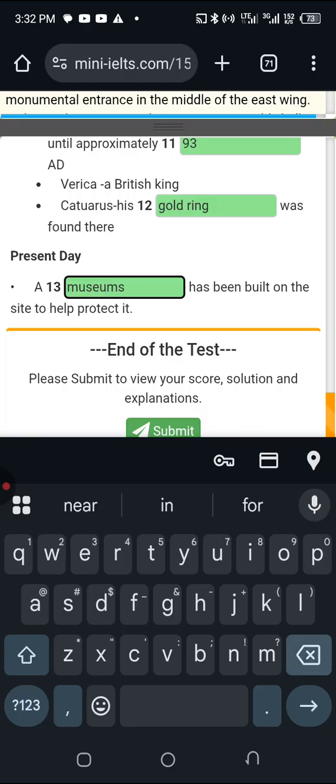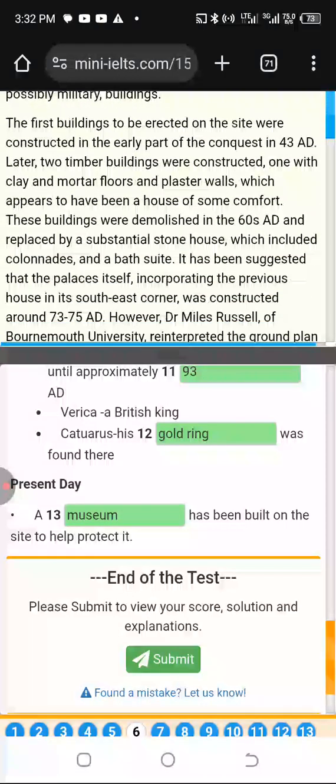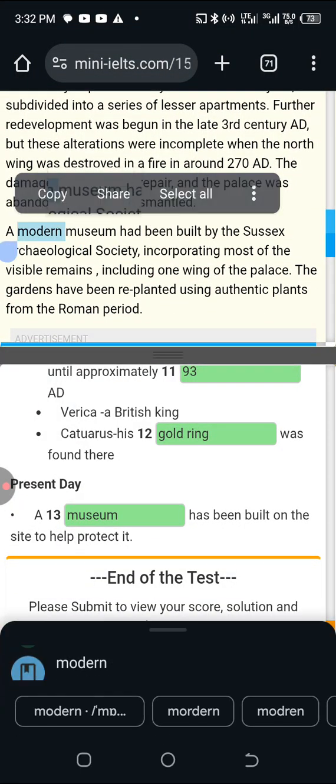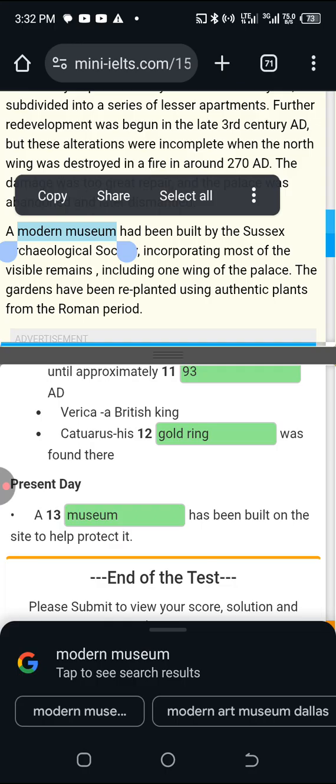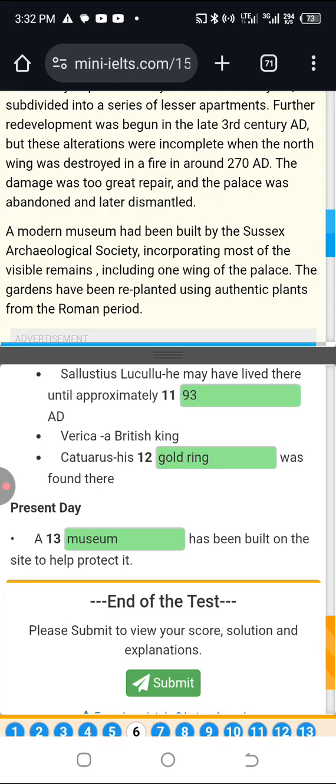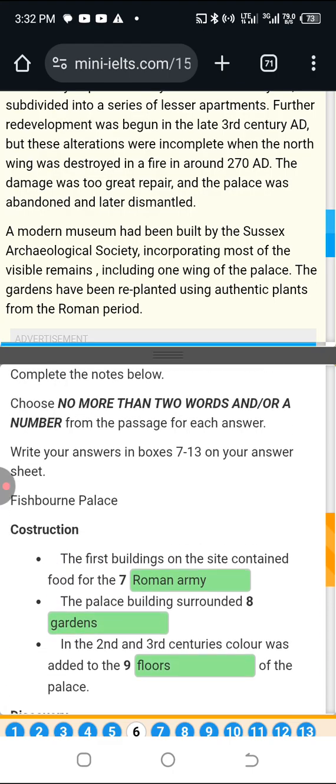A museum is singular. But let me check towards the end whether they will mention museum again. Can you see again? Modern museum. A modern museum had been built by the Sussex Archaeological Society. That's it. So, museum is our answer. What if we write modern museum? Well, I think I'll just leave it as museum.